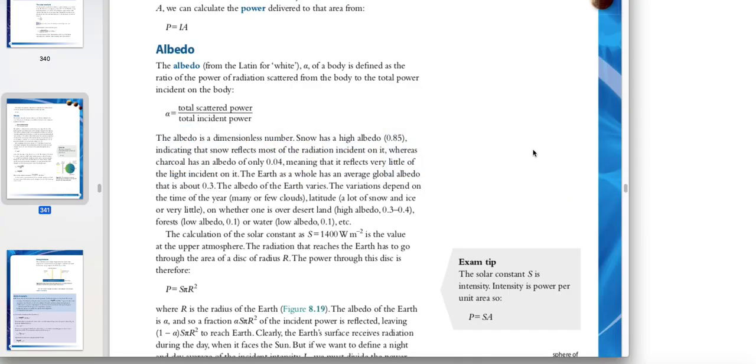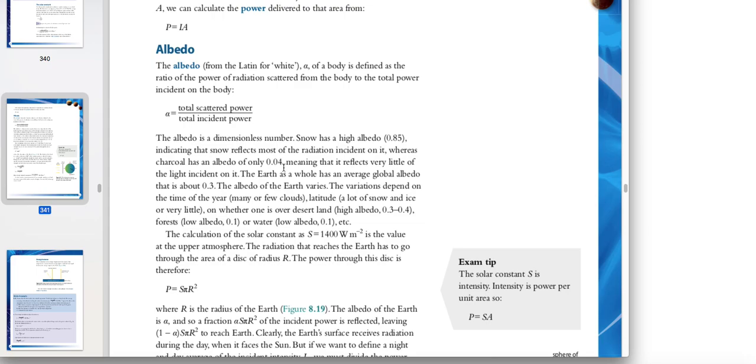Here you have in the data booklet different albedos. For snow, it's 0.85, which means that snow is quite a good reflector. Charcoal has an albedo of 0.04, which means that charcoal absorbs almost all radiation falling on it.